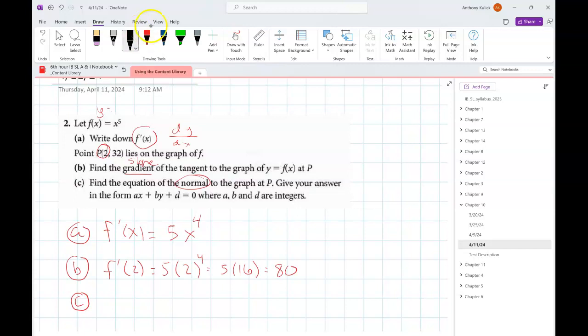So let's say that here's our graph, and say like this is the point here, 2, 32. That's your tangent. That one's your normal. So the normal's a line, right? You can tell it's a line because it's asking you to write it as a line. What's the slope of that normal gotta be?